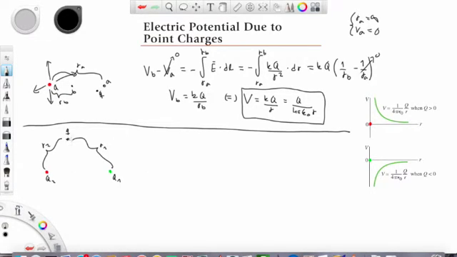Also in this case, like with electric field or the Coulomb's force, we can use the principle of superposition. So we can just add up the effects of these two charges.